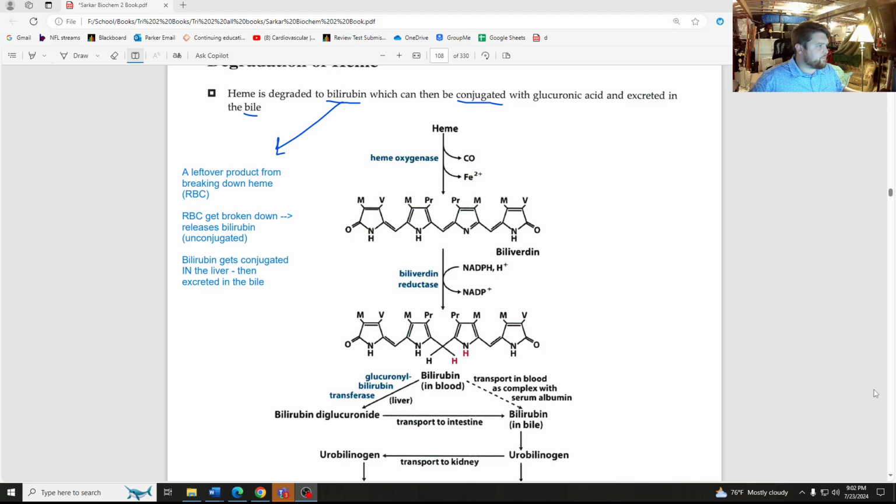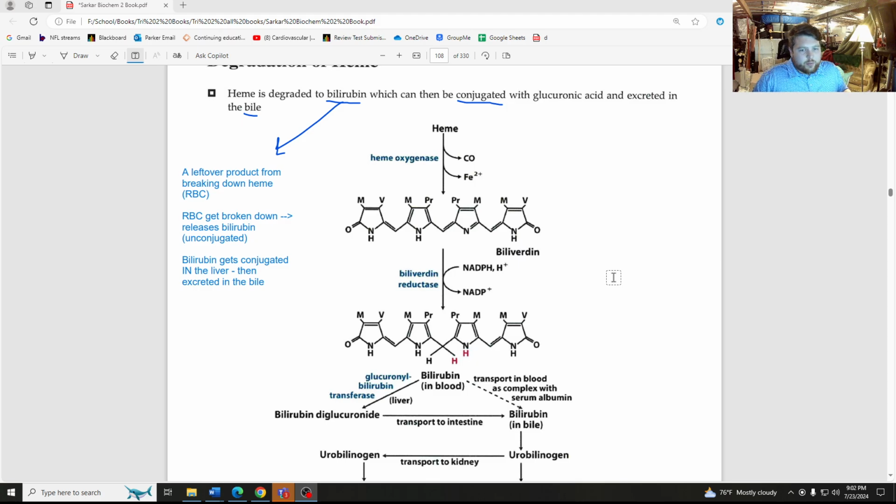Okay, so one of the ways that we figure out kind of what's going on is that we actually take blood draws. So we draw blood from a person and we look at the bilirubin, and we can break it down and see what the levels of unconjugated versus conjugated bilirubin are within the body.